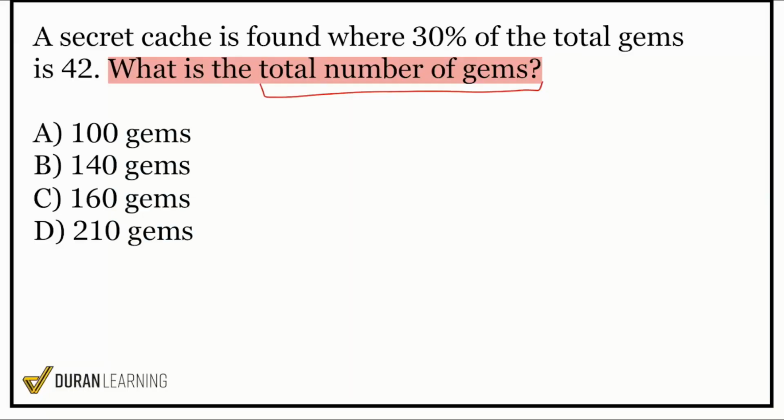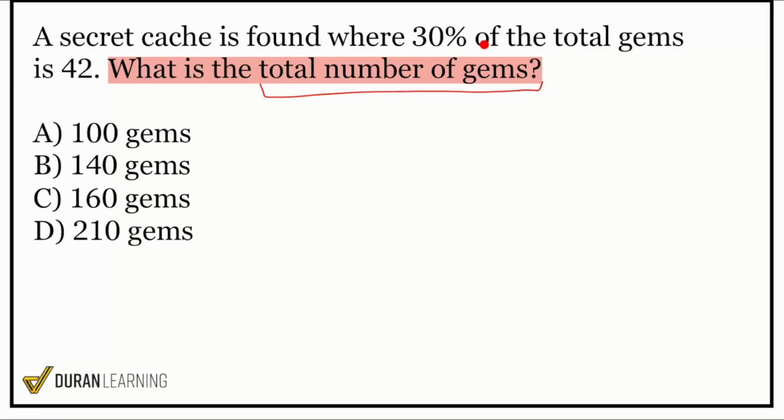Now, let's translate the English into math. Let's see what it is that we're dealing with in this case. Here we go. It says, a secret cache is found where 30% of the total gems is 42.